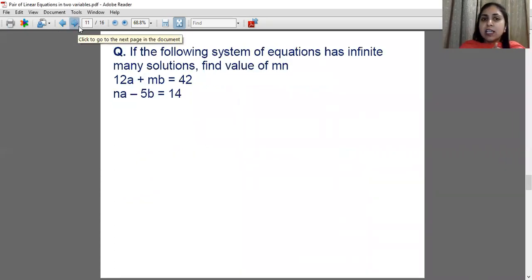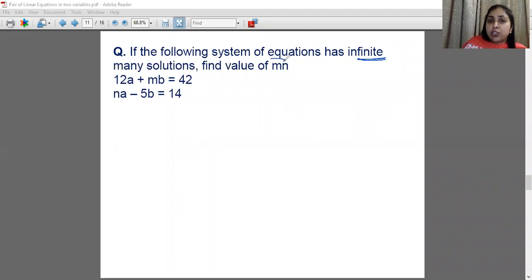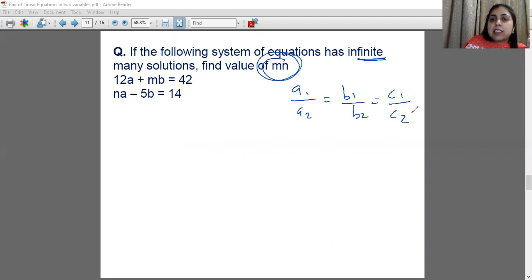Here is a question again based on the cases of consistent and inconsistent system. The question is: if the system has infinitely many solutions, you have to find the value of m into n. For infinitely many solutions, we have a1 upon a2 is b1 upon b2 is c1 upon c2.